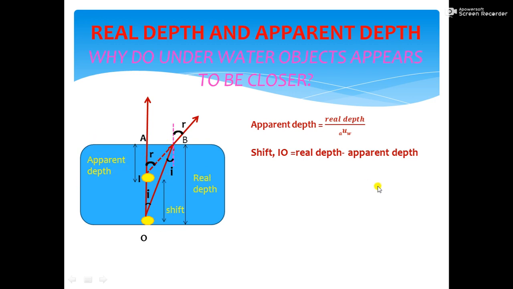Just substitute the equation for apparent depth here: real depth minus real depth divided by refractive index of water with respect to air, and taking real depth outside, we get shift is equal to real depth into 1 minus 1 divided by refractive index of water with respect to air. This is the equation for shift.